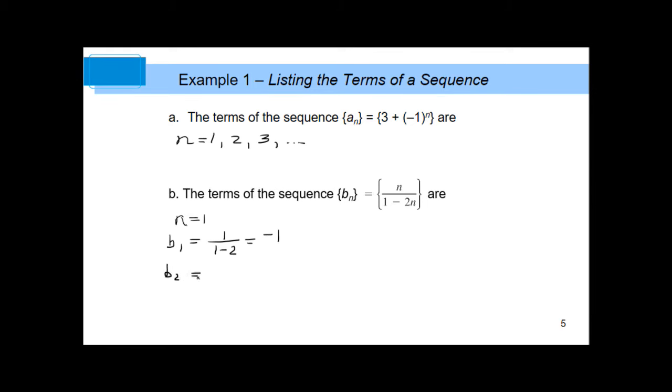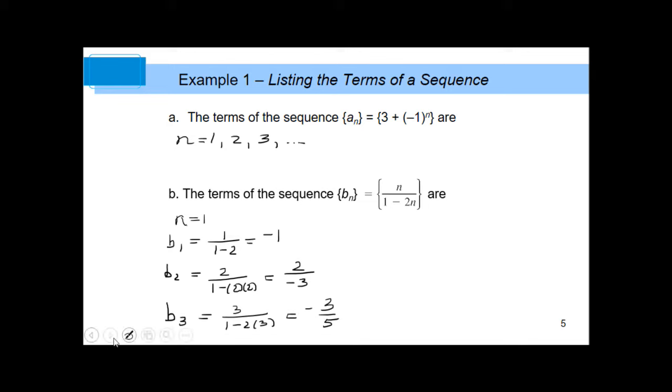And b sub 2, the second term in the sequence, is going to be 2 over 1 minus 2 times 2. And that's going to be 2 over negative 3. 1 minus 4 is negative 3. And then b sub 3 would be 3 over 1 minus 2 times 3, which is 3 over 1 minus 6, or negative 3/5.